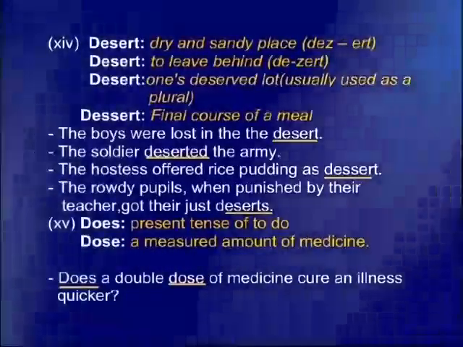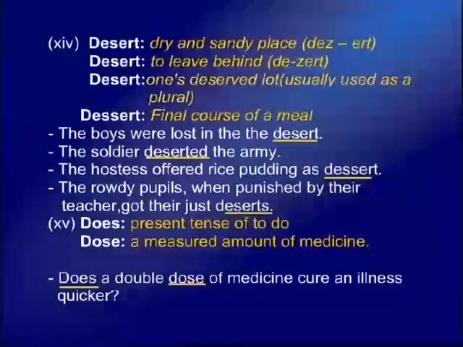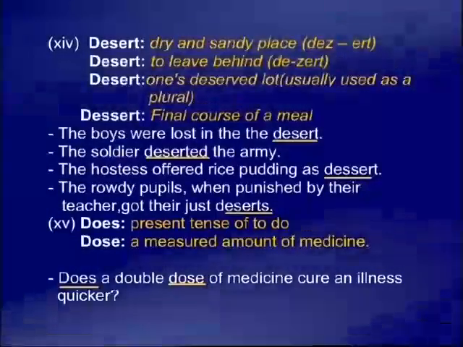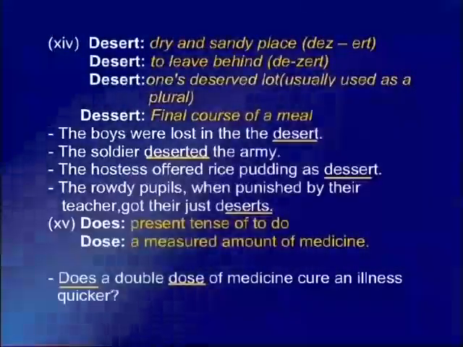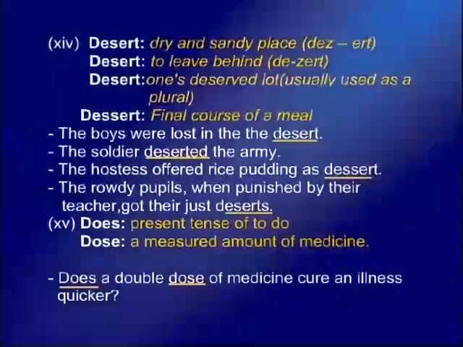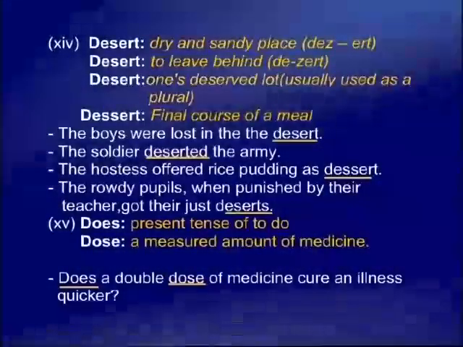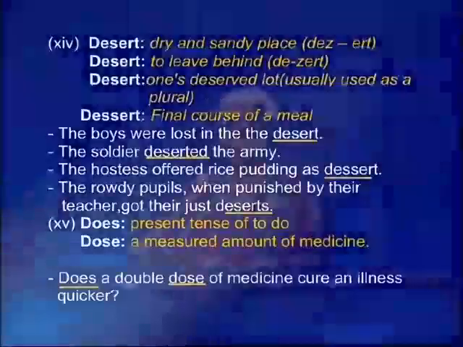There is another pair of words, very often confused by students, and these words are dose and does. Dose is D-O-S-E, meaning a measured amount of medicine, and the other one is does.